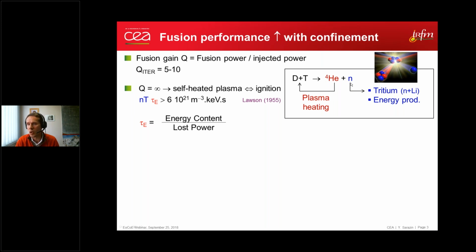The neutron is not charged, so it's not confined by the magnetic configuration, and by impacting lithium, it will generate tritium, and then this tritium will be re-injected into the discharge to be part of the fuel. Also, the energy of the neutron, which is 4/5 of the total kinetic energy, will serve as energy production.